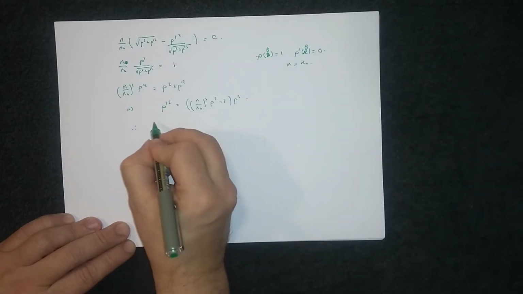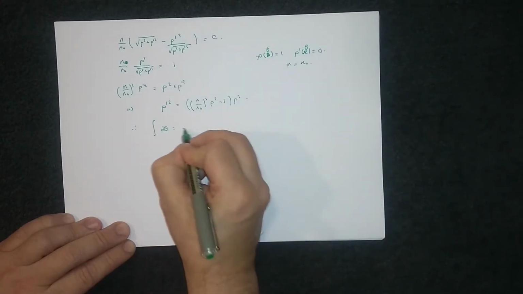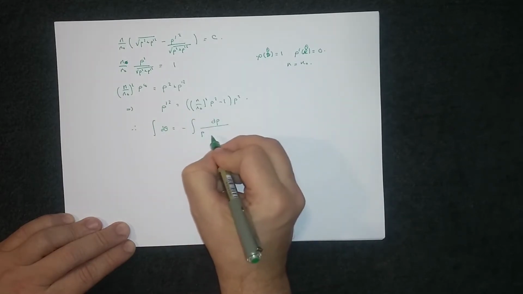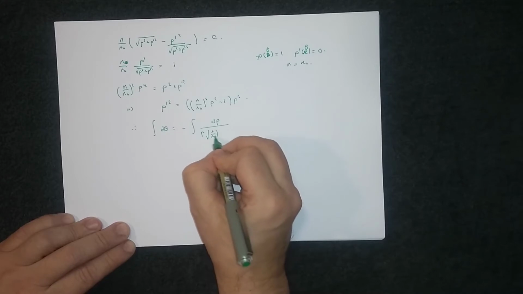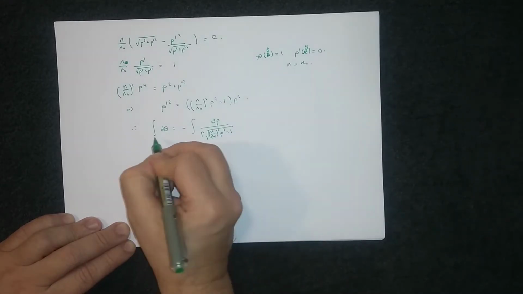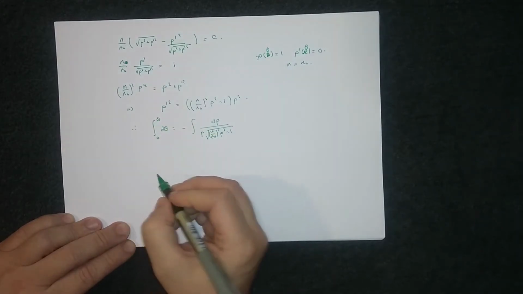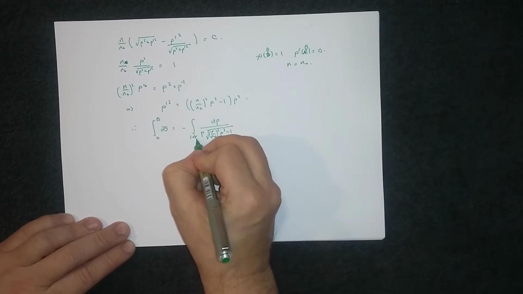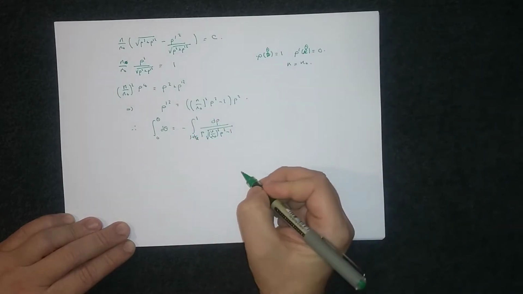Therefore the integral d theta is minus the integral d rho over rho root ((n over n naught) squared rho squared minus 1), from 0 up to theta, and this is from 1 plus h over r to 1.